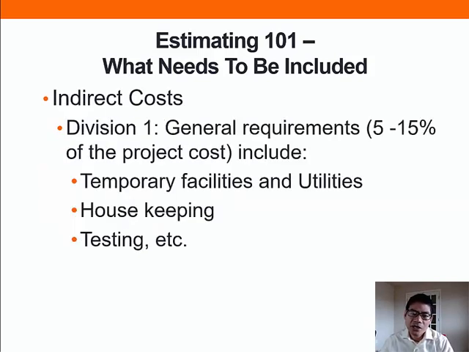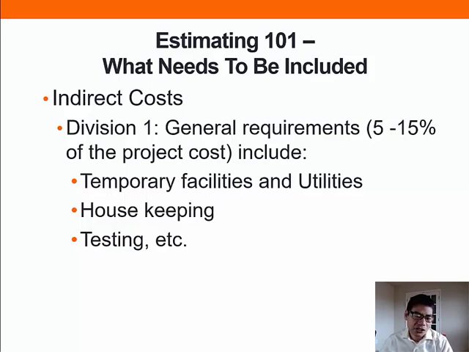Indirect costs are usually those expenses that are used by multiple activities and cannot be directly assigned to a specific product. Rather, they are required to keep the project or business operation as a whole. Indirect costs include Division 1 or general requirements or general conditions.